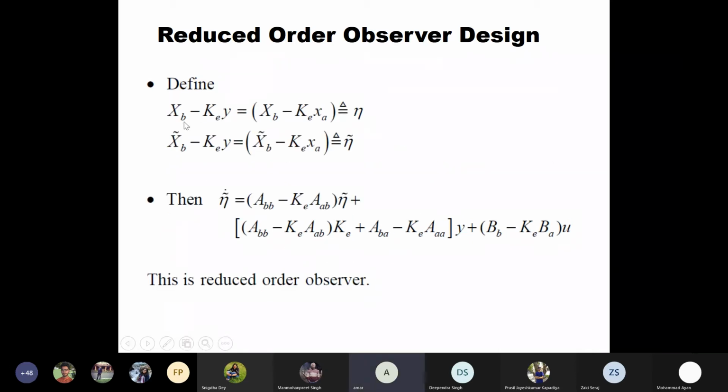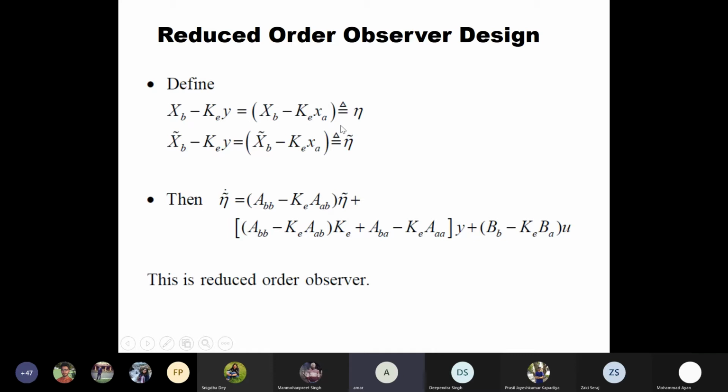Now I define x_b minus K_e y as eta, so that x_b hat minus K_e y is eta hat. So I define a new state which is eta, which is x_b minus K_e y.